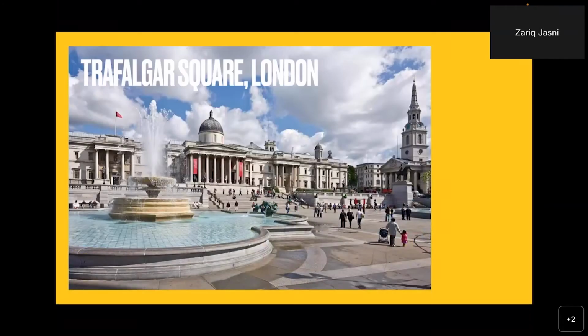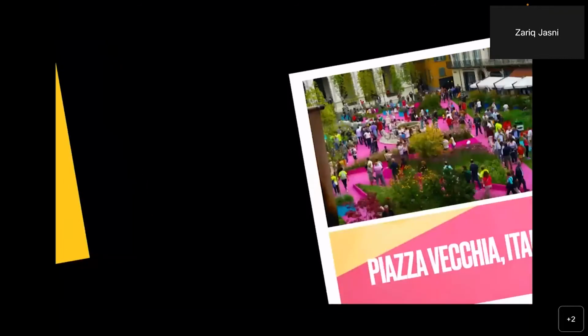Take, for example, Trafalgar Square in London, where the scale is immensely massive, but due to its association with being a tourist destination in London, the frequency of pedestrian footfall is not an issue.